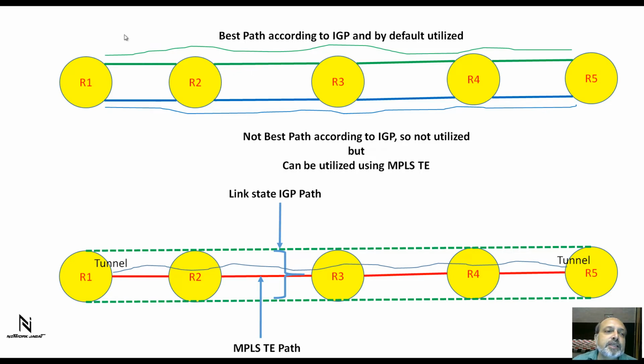The path which has been declared first, maybe it is declared with a higher path option value, but as it has been declared before this blue path, and as they are originating from the same tunnel, the green path will be preferred, right? So path option has got nothing to do with the preference. It is simply a numerical identity for the path.